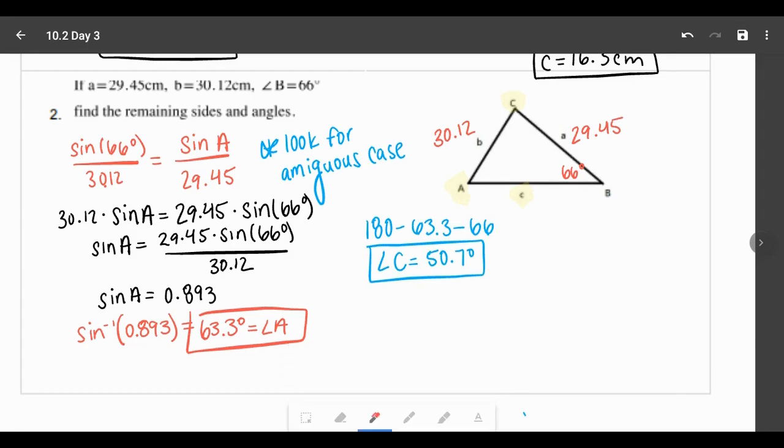So side C, again, start with the givens. You were told that sine of 66 over 30.12. And now we're going to say, okay, sine of 50.7 degrees over side C. Do a little bit of algebra, and we know that C, we're going to plug into our calculator this fraction.